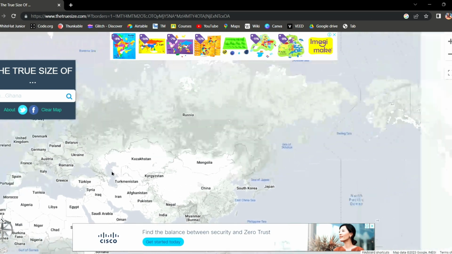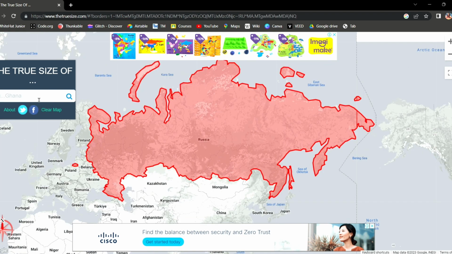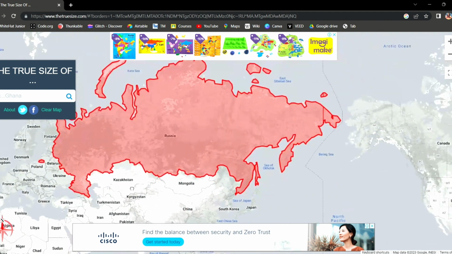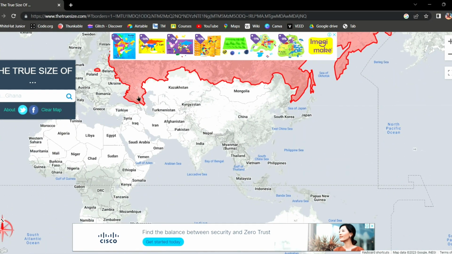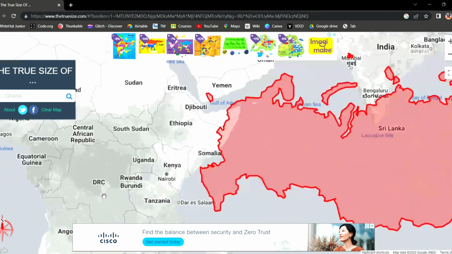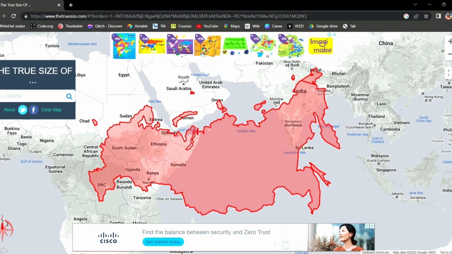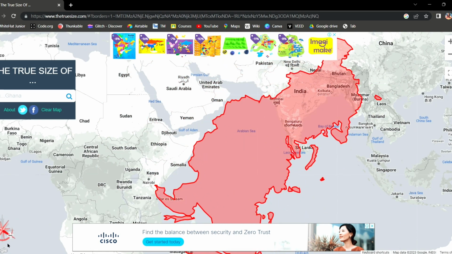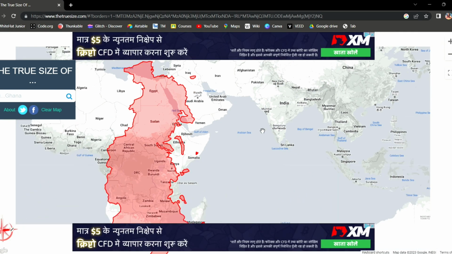First, let's experiment with Russia and see how small it would be. This is a pretty large country if we see from here. Then down. Yes, it is. If we tilt it like this, we can fit Russia here.